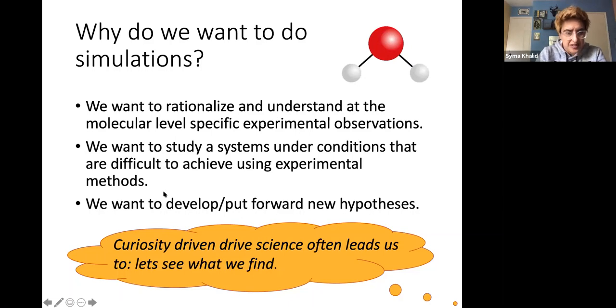But I think increasingly important is that we want to develop and put forward new hypotheses. We want to do curiosity-driven science, just to ask the question, let's see what we find. And I think that's perfectly okay. Coming from a very traditional chemistry background, we're always told that an experiment is done to test a hypothesis.